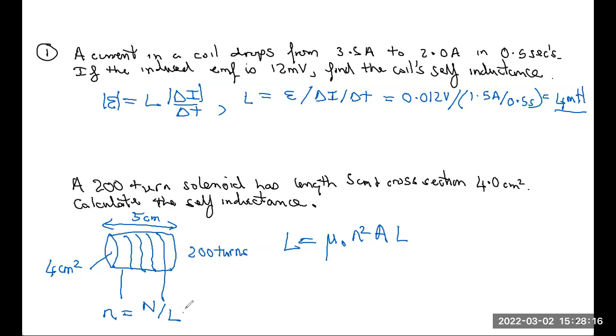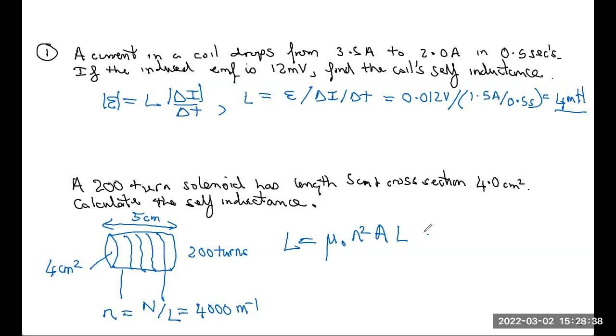So in our particular case, we've got 200 turns in 0.05 meters. So actually the number of turns per unit length is 4,000 per meter.